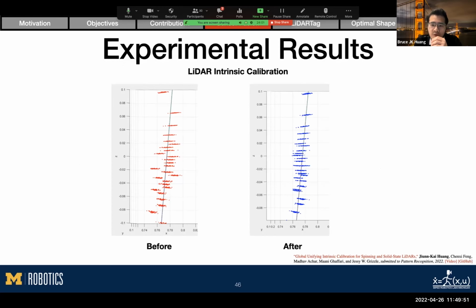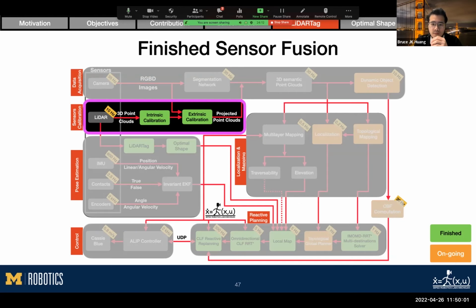This is a quick before and after result. You can see after the calibration, the measurement looks more accurate and precise when measuring a planar target. So now we have finished the block of sensor calibration. Next, we're going to utilize those calibrated sensors to estimate the robot pose.